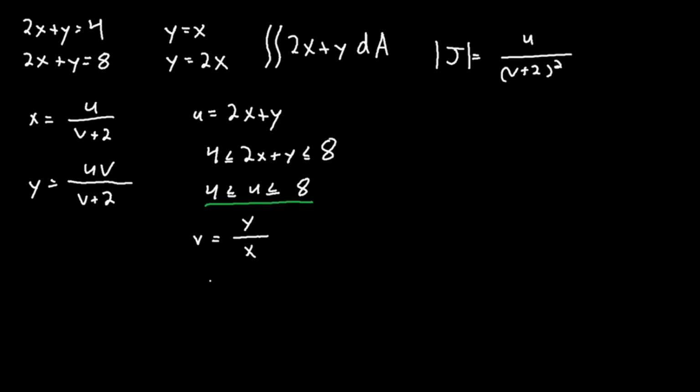So originally we had, let's see, this is y over x. Let me show you what my thought process is here. Divide by x on both sides, you get y over x is equal to 1. Correct? So this is our first bound. On the second function, y is equal to 2x, if you divide by x on both sides, you get y over x is equal to 2.